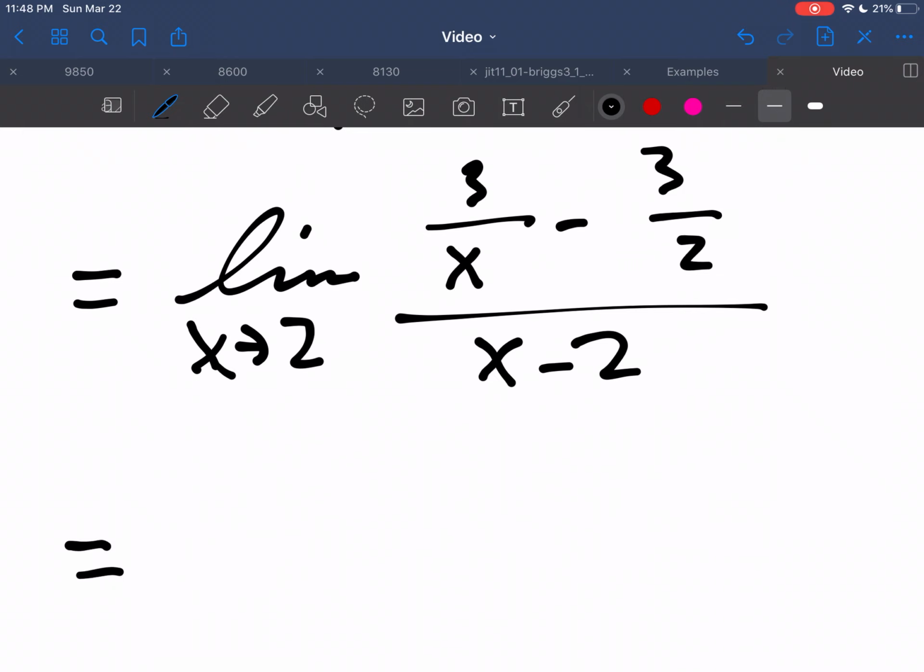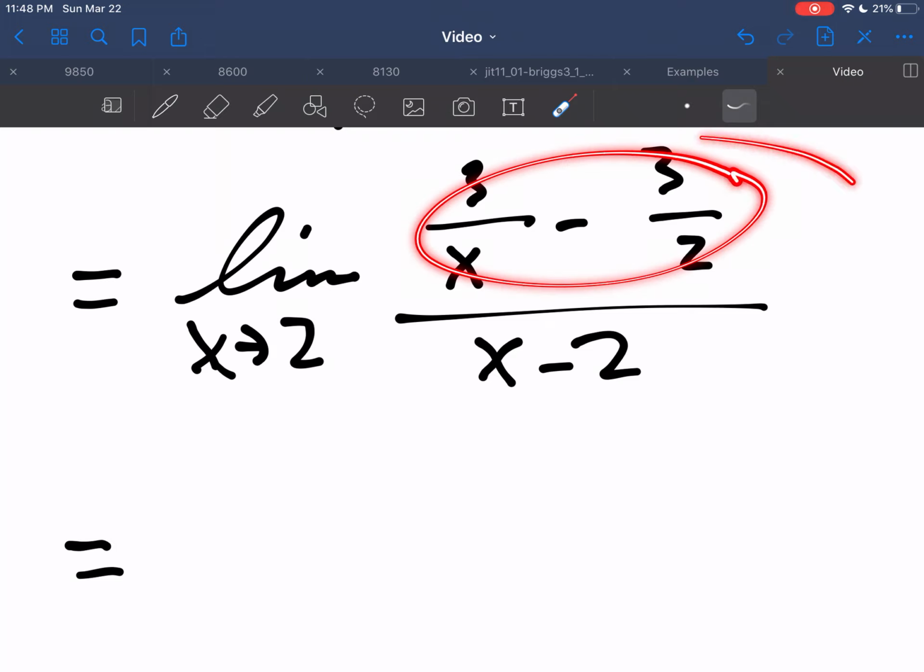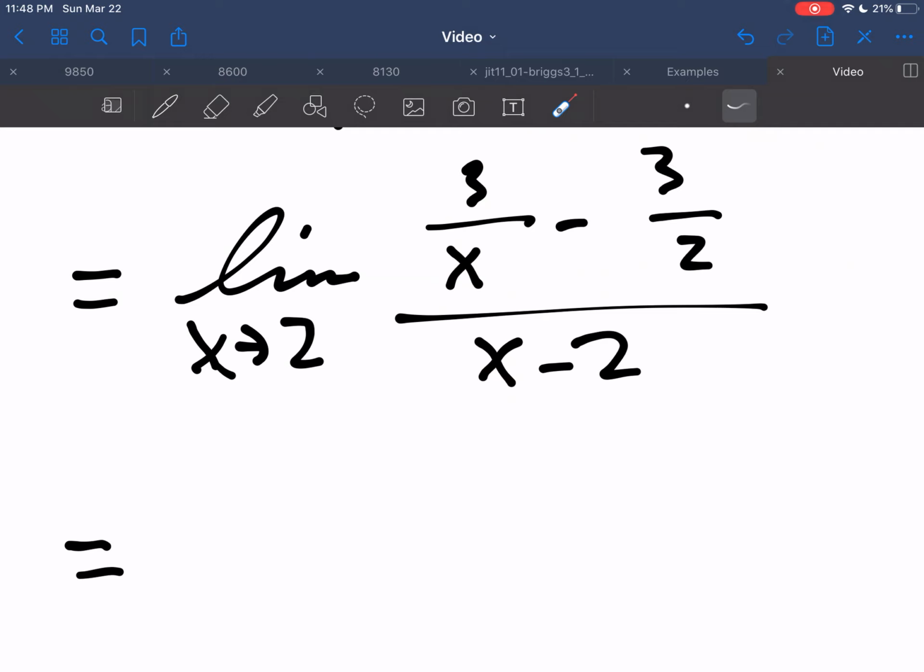Alright, and so then in this next step, we've got this fraction inside of another fraction. So I'm going to rewrite it so that I've got my numerator times 1 over our lowest denominator.